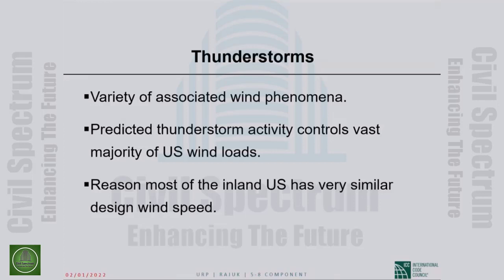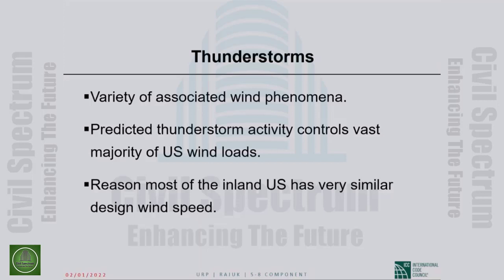Predicted thunderstorm activity controls the vast majority of US wind loads. That probably is not true in Bangladesh. I don't quite know, it doesn't seem that way. But in most of the US, the wind is dominated by thunderstorm activity. The exception to that is the hurricane coastline, which is the eastern seaboard and the Gulf Coast, the Gulf of Mexico coast.